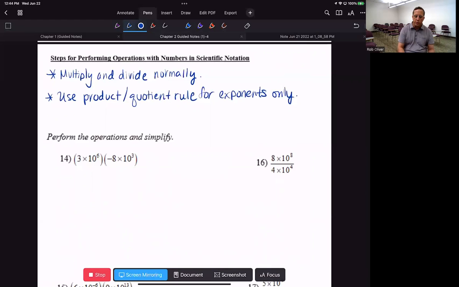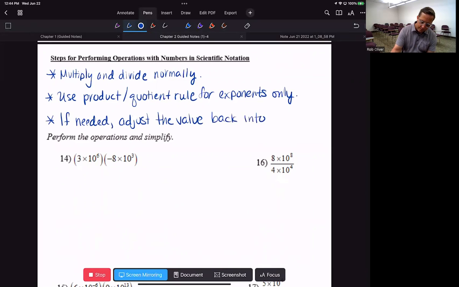All right, so you're going to use the product or quotient rule for exponents only, and multiply and divide the way you do normally. And then there's one more rule here, and it's if needed: adjust the value back into scientific form.